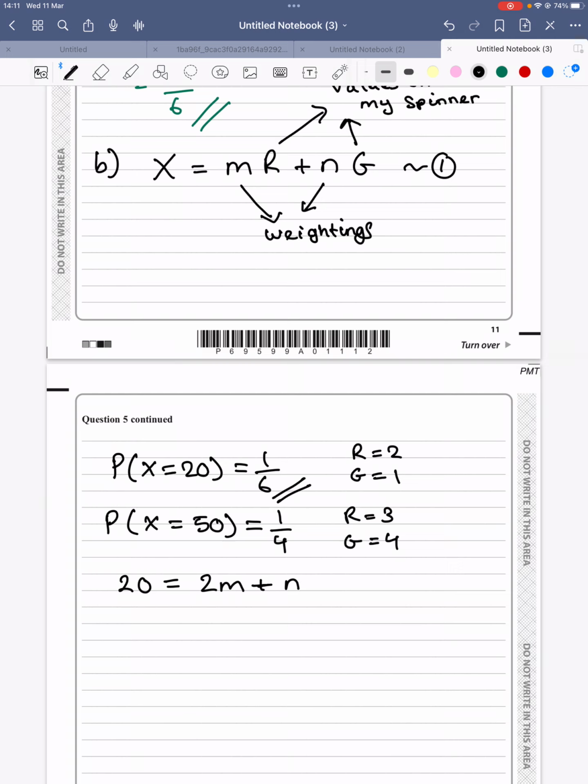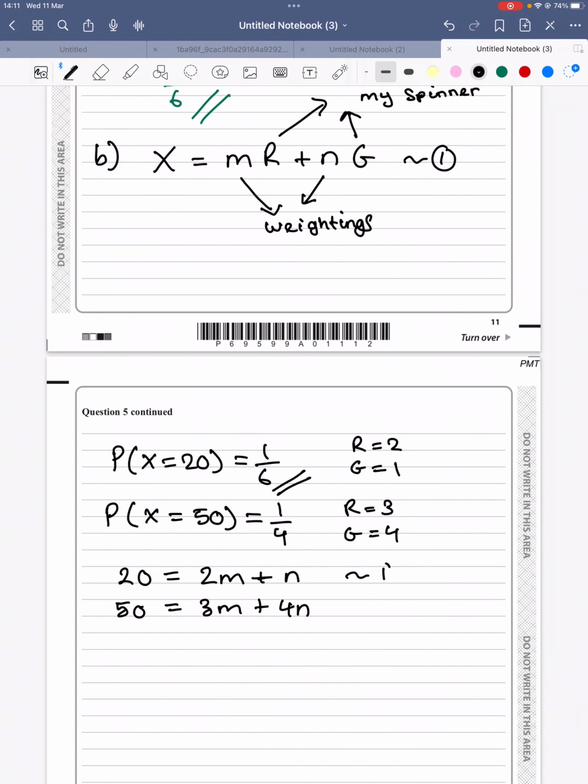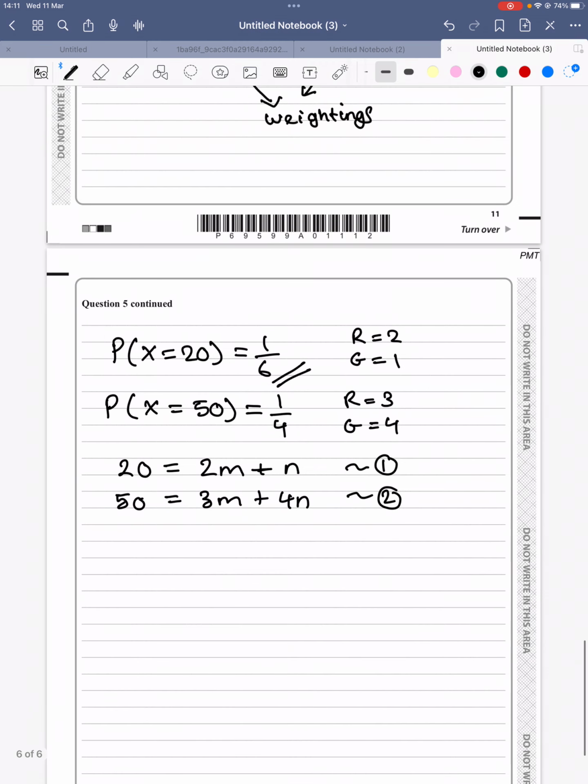And then I also would have the equation 50 equals 3m plus 4n, again because I'm replacing G with 4. So this looks like simultaneous equations. And we know how to solve simultaneous equations, so let's do that.